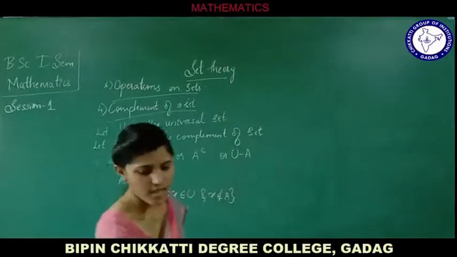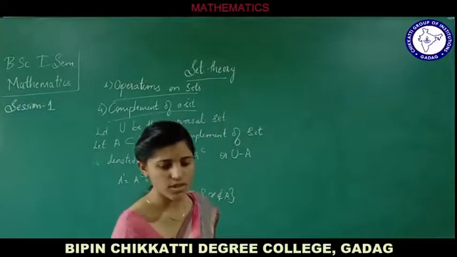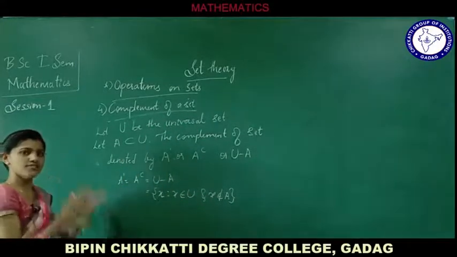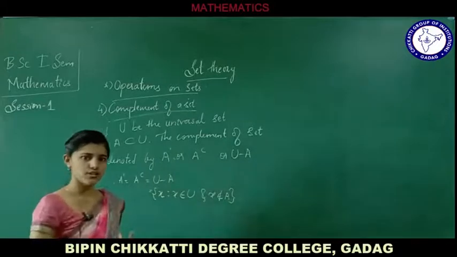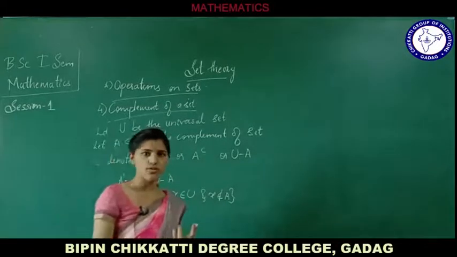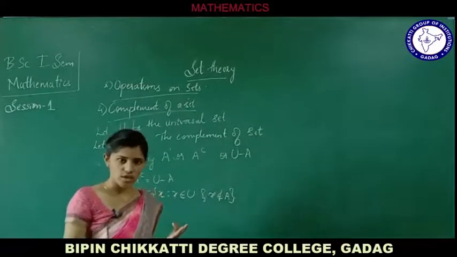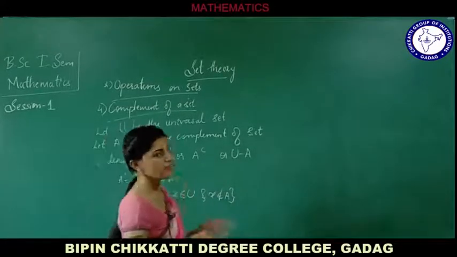So next we are going to study the laws of algebra of sets. We have studied a few laws: we know the commutative law, the associative law, the identity law, and the idempotent law. These are a few laws of sets.